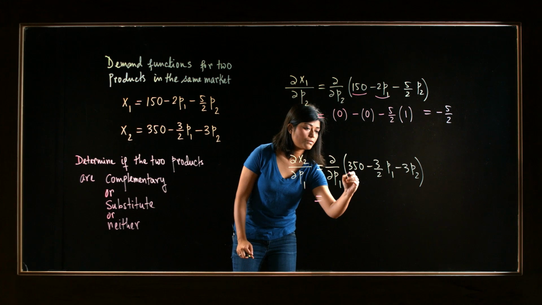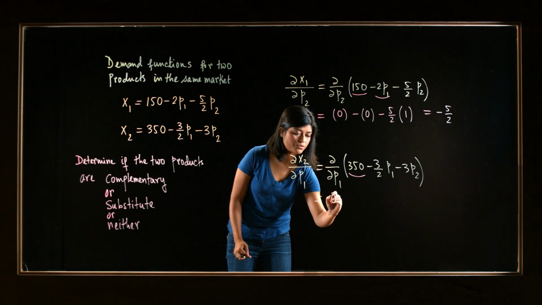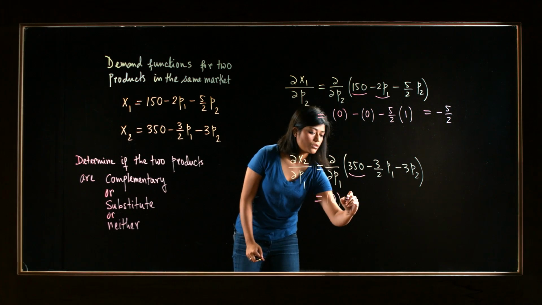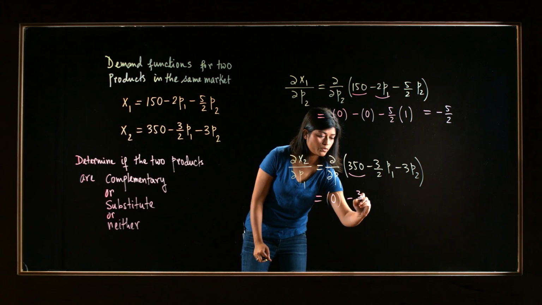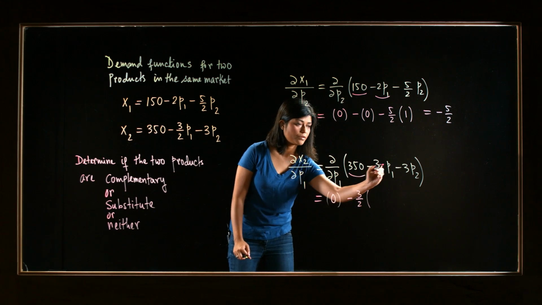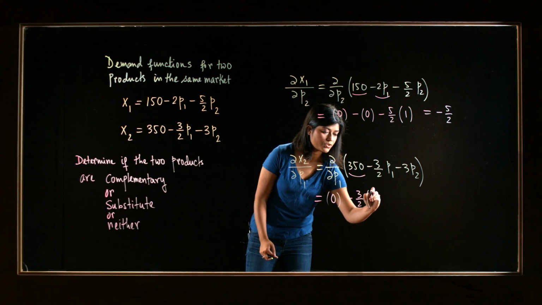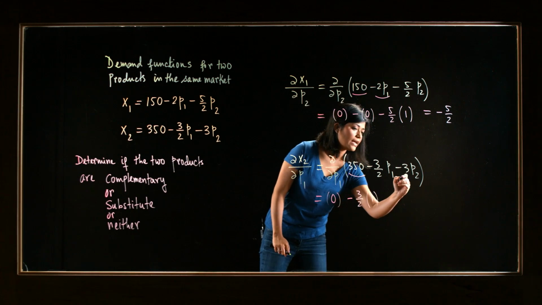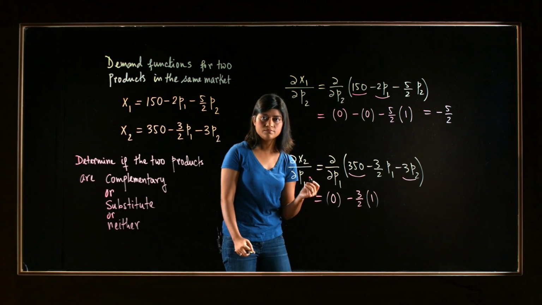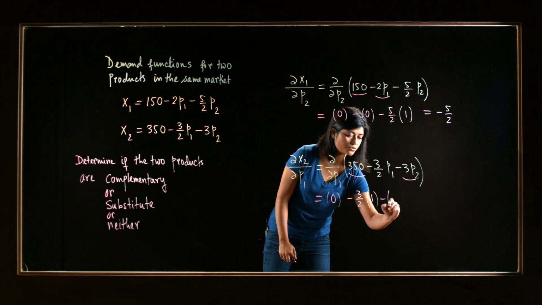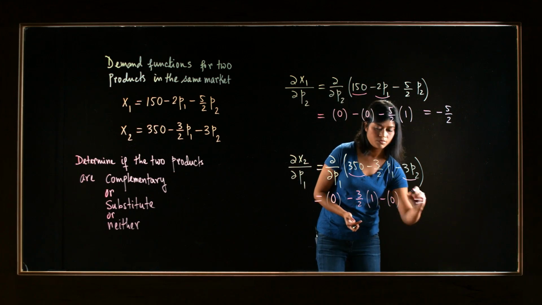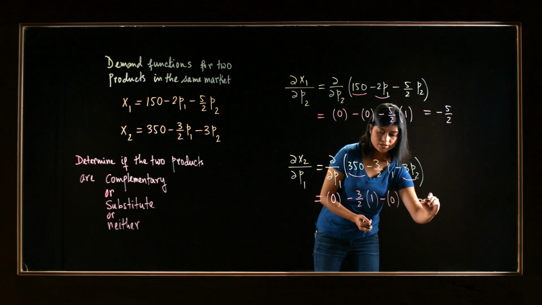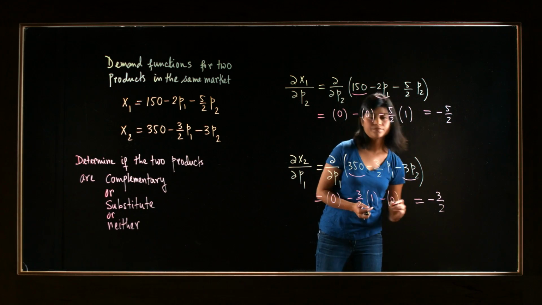So the first term is a constant, so the derivative is 0. Notice that the second term has p1 in it, so pull out 3/2, and the derivative of p1 with respect to p1 is just 1. And the last term is a constant, no p1 at all, so the derivative is 0. And therefore, when you simplify, you get negative 3/2.